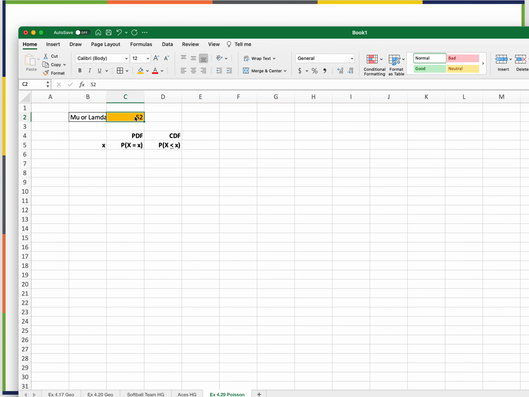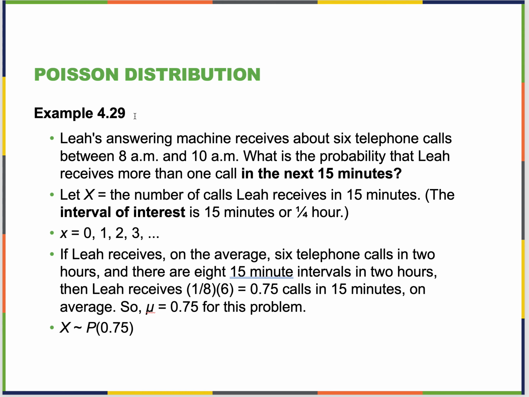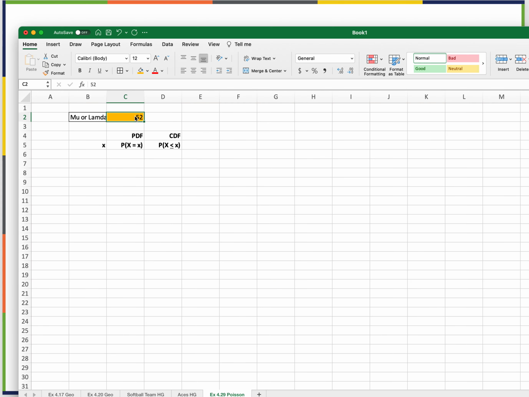And we said it was going to be 0.75. In a 15-minute period, she expects 3/4 of a phone call. And I'm not from Scandinavia, so my decimal place has to be a period. Now, how many phone calls could she get? She could get 0, and the next equals that plus 1, and I can copy this down. I don't think she's going to get a lot of phone calls, but I'll take it up to 20.